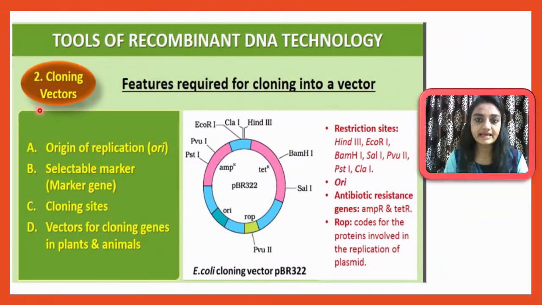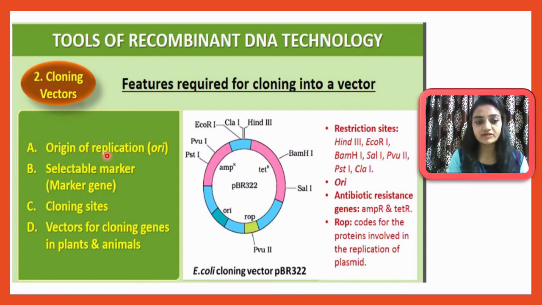Whenever we select a plasmid as a cloning vector, it must possess some features, so that it may successfully act as a biotechnological tool. Here you can see some features required for cloning into the vector. These are the four features that must be there.